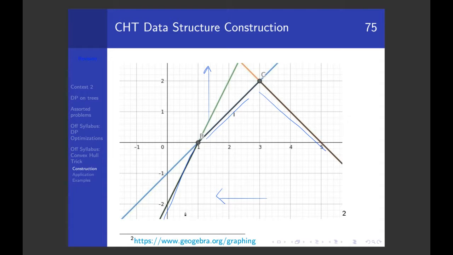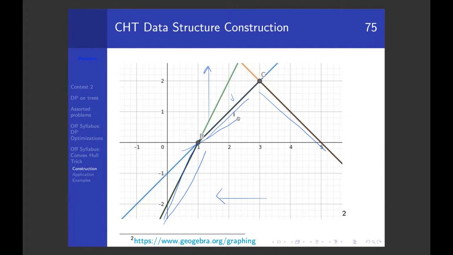Then at some point, a line with less slope will overtake it, because as x gets bigger, a big slope becomes a bad thing.